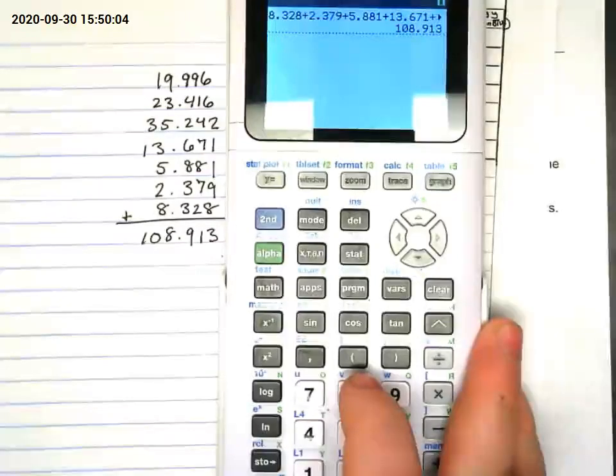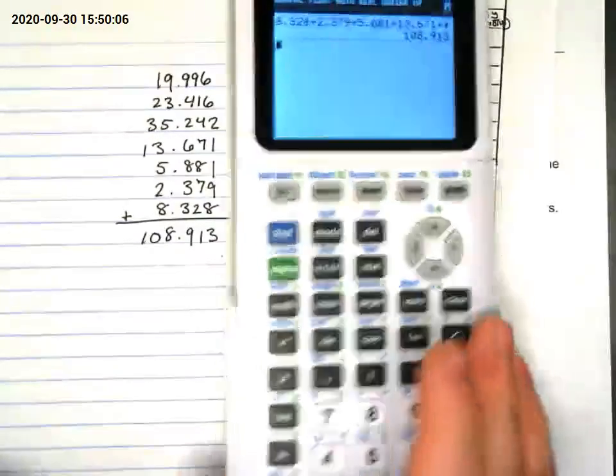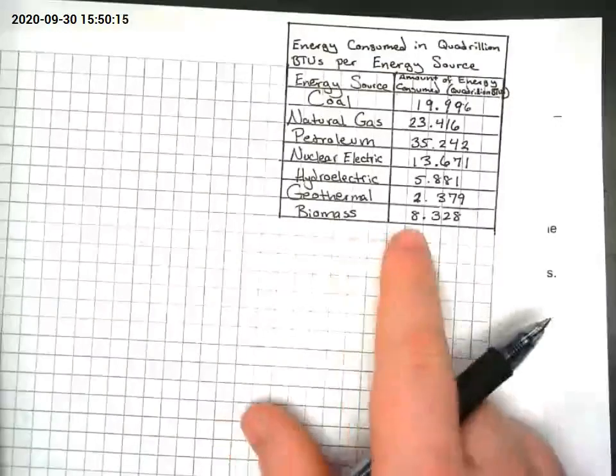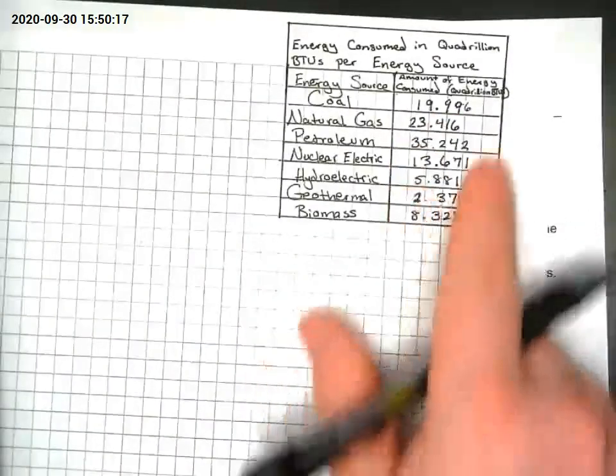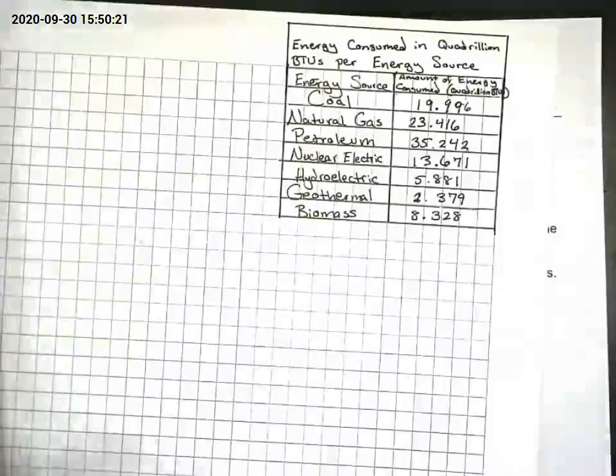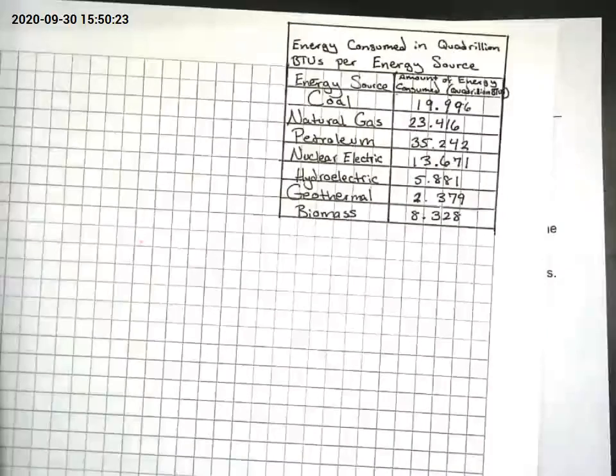So what that tells us now, for full context, is that out of all of these types of energy sources we've recorded, we just added them all together, and the total out of everybody here was 108.913 quadrillion BTUs.